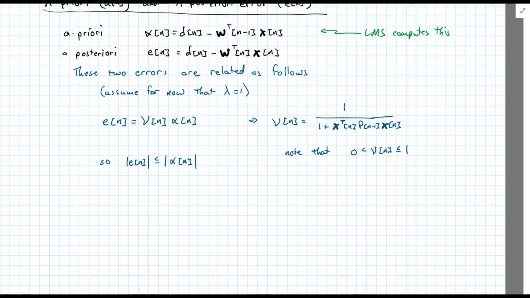For now, let me just say that we will typically choose lambda to be close to 1, and that x transpose P x is going to be significantly larger than the difference between lambda and 1.